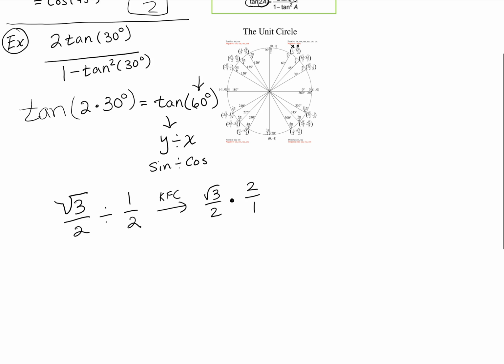Now, you might hear it in fancier terms, and they may say, multiply by the reciprocal of the second fraction, but this is exactly what they mean. So the 2's cross out, leaving you with the square root of 3 over 1, which is just the square root of 3. So this is what the tangent of 60 is. This is what this double angle formula is as well. So this is our answer for this example.